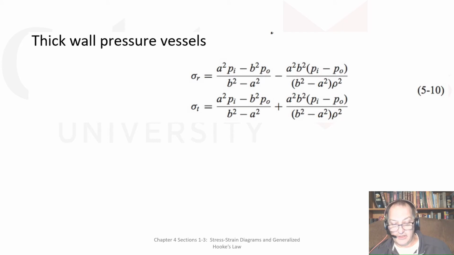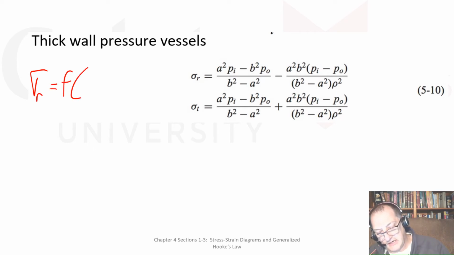Now, this equation has a lot of capability in it, and maybe we ought to spend a little time looking at the terms, but we already did in one sense. This radial stress is equal to a function of, and then I just want to take a second to go through the variables here. I've got that A, and that is my inside radius.